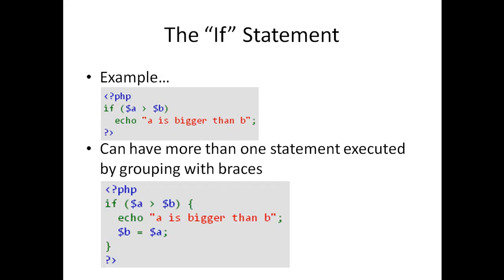The first example does not use braces, and it uses one particular statement because the entire if echo is one PHP statement. When your if contains multiple statements within it, you have to put the braces around it. So that's basically how that works.